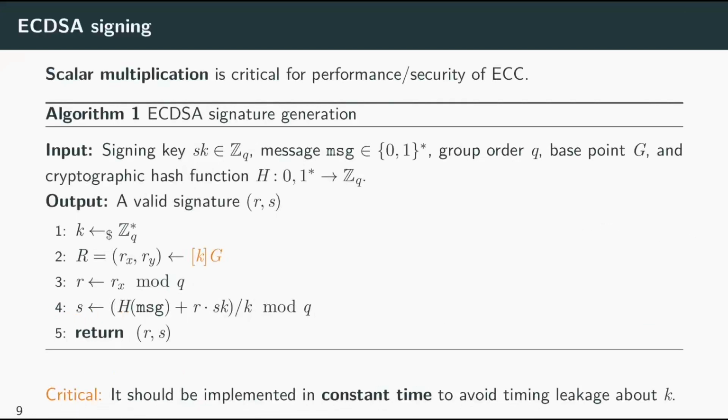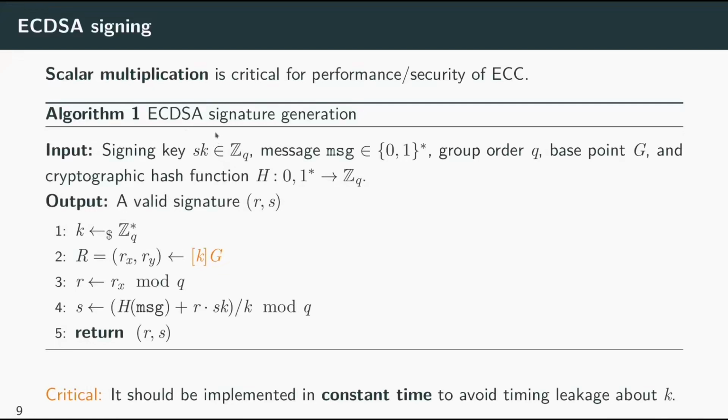When elliptic curves are used to instantiate cryptographic protocols, one operation becomes critical, the so-called scalar multiplication. Scalar multiplication amounts to adding the point G to itself a secret number of times. It is indeed critical for both performance of ECC cryptosystems and their security. Let's take a look at the ECDSA signature generation as an example.